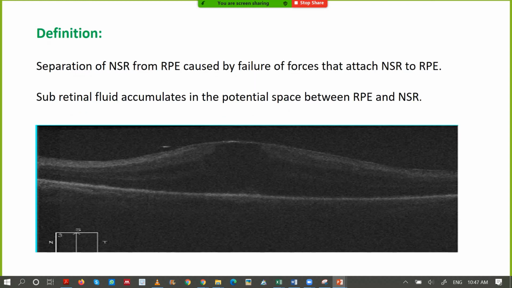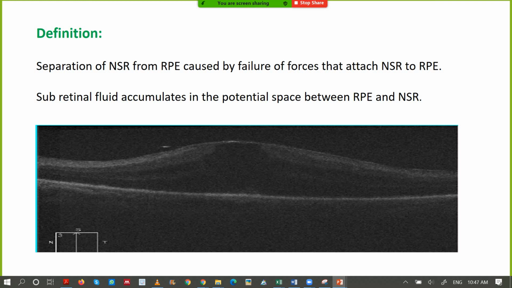Okay, so coming to the definition, a retinal detachment is a separation of the neurosensory retina from the RPE, which is caused by the failure of forces that attach the neurosensory retina to the RPE. So we all know the neurosensory retina and RPE are attached.